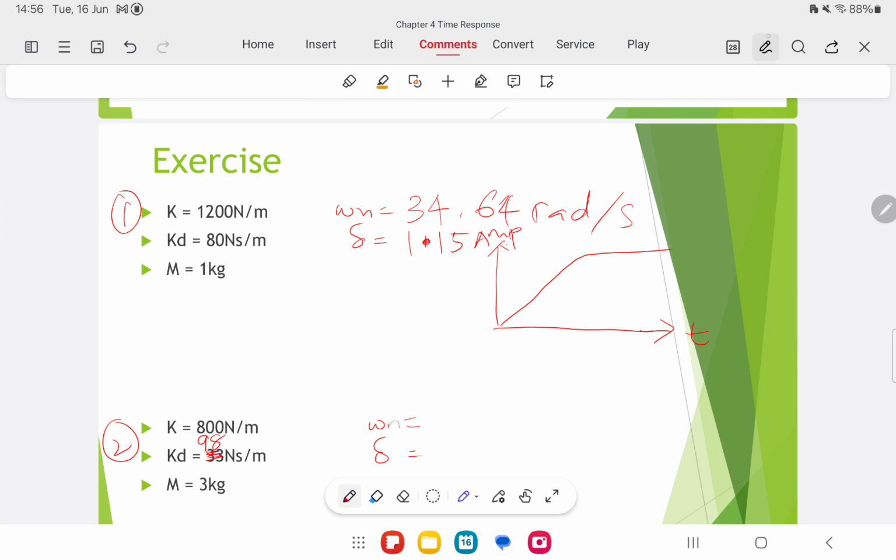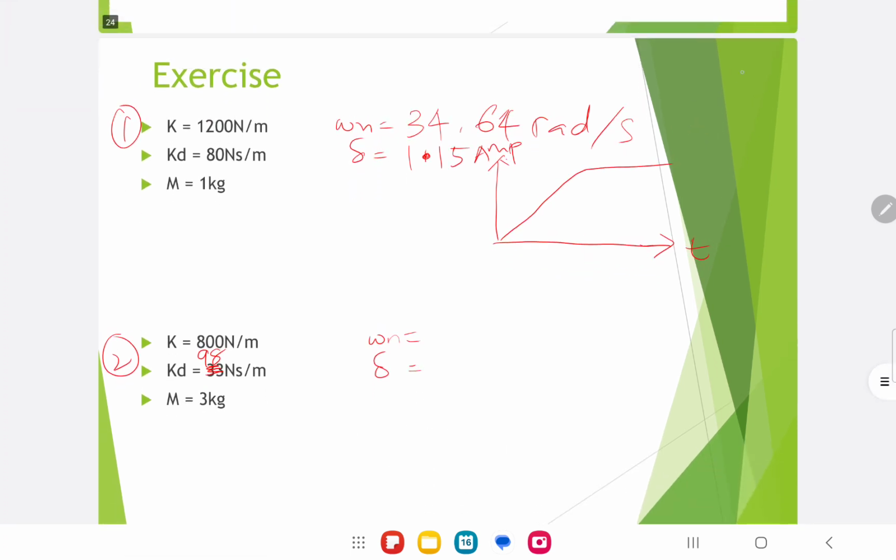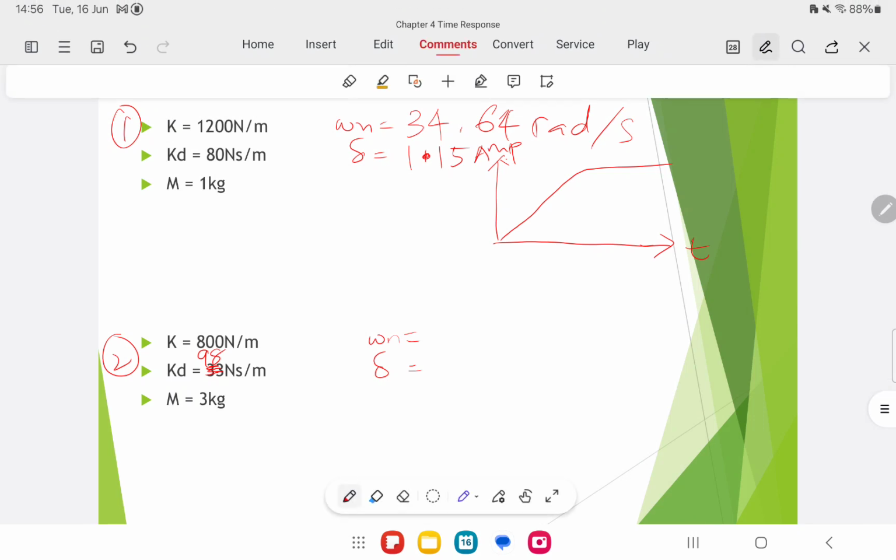Alright, the second one. Compare with the formula. KD dia change to 98. Sebab kalau KD dia 33, dia sama dengan yang example tadi.